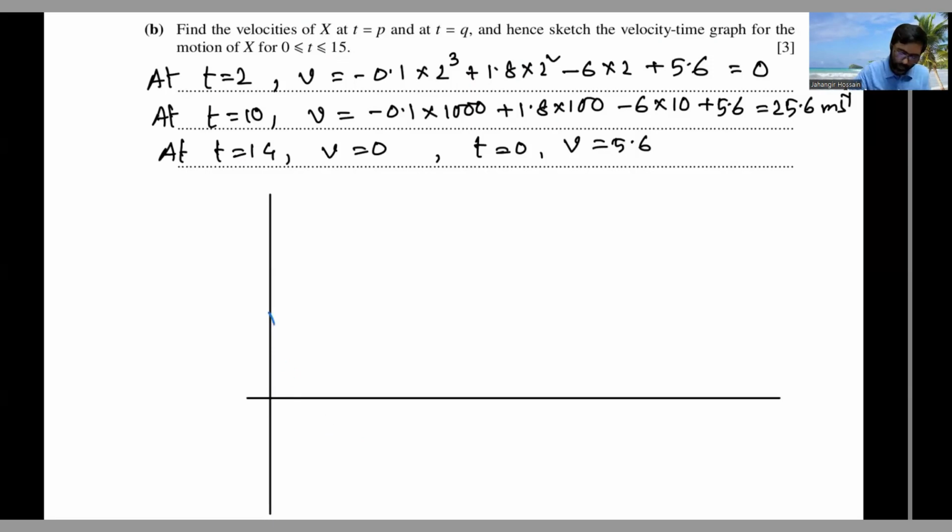At t equal to 0, velocity is 5.6. Then at t equal to 10, velocity is 25.6, and at t equal to 14 seconds, velocity is 0. Okay, this is the velocity time graph.